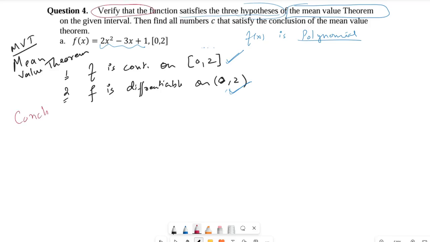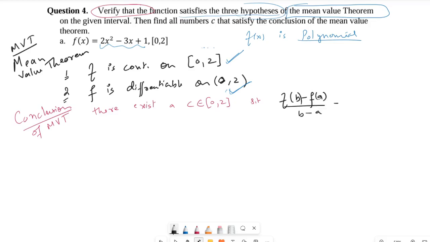We need to write the conclusion of the mean value theorem. What is the conclusion? Then there exists a c in the interval. Which interval are we talking about? 0 to 2, such that (f(b) minus f(a)) divided by (b minus a) is equal to f prime of c.